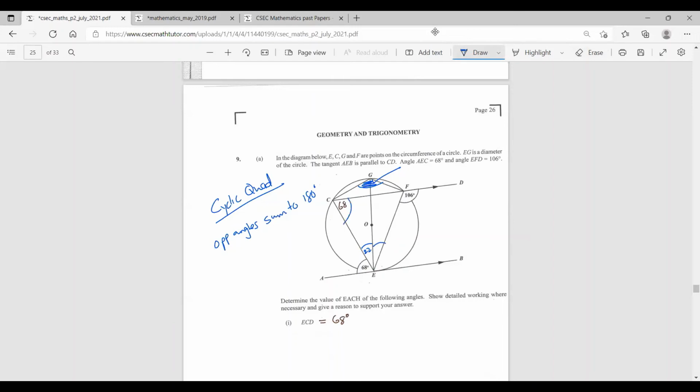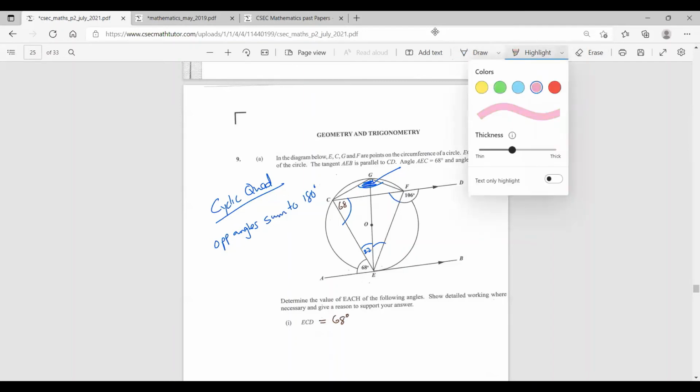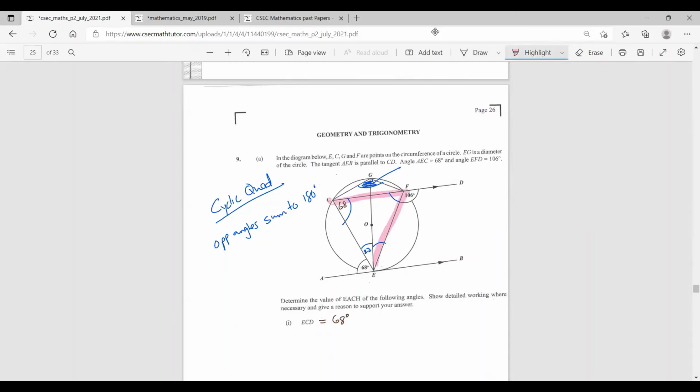Now we know what 68 is. If I go up here and try to find what up here is, I could say this whole thing is a triangle inside here, forgetting the cyclic. I know a triangle is 180 degrees. So if I find this part here, which is just 74, we know that this is 74 because angles on a semicircle form 180 degrees.